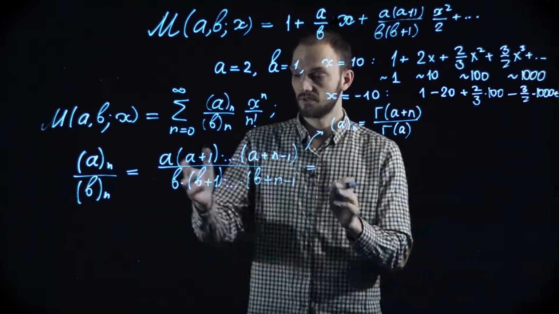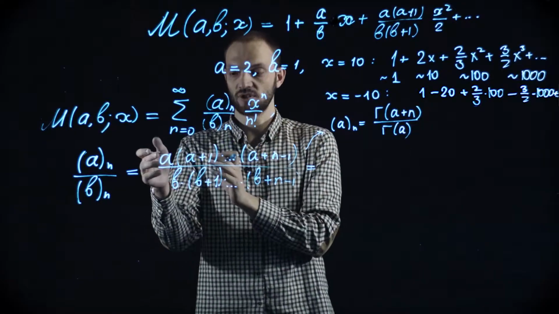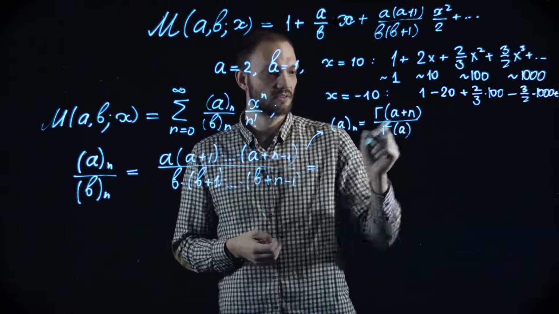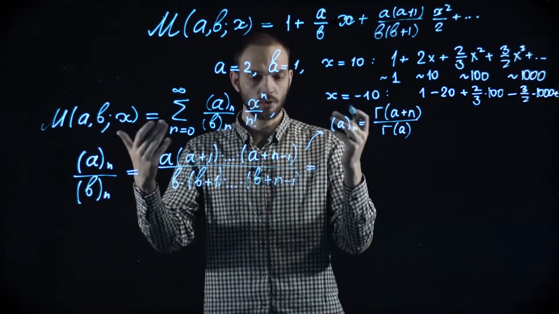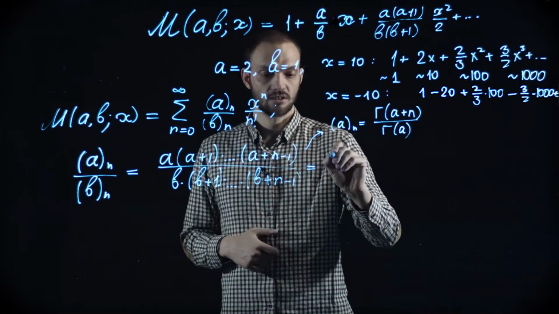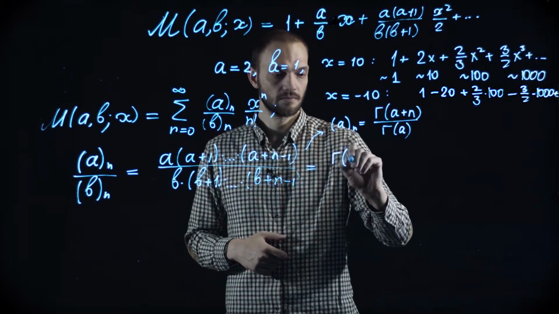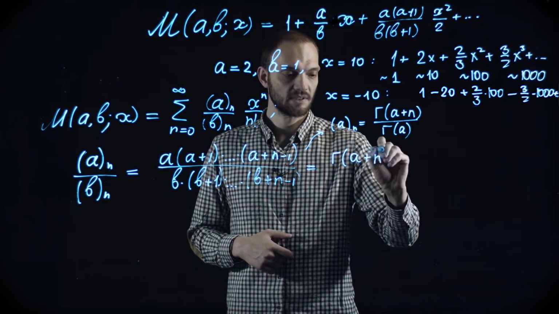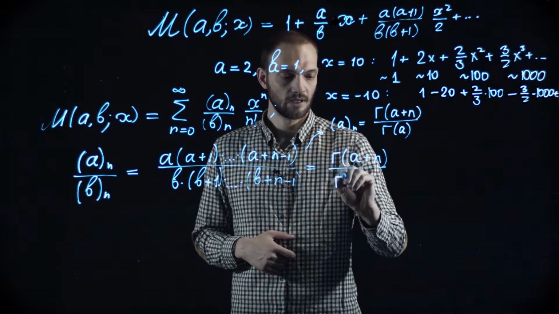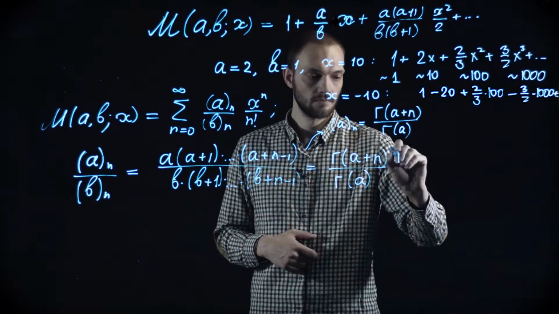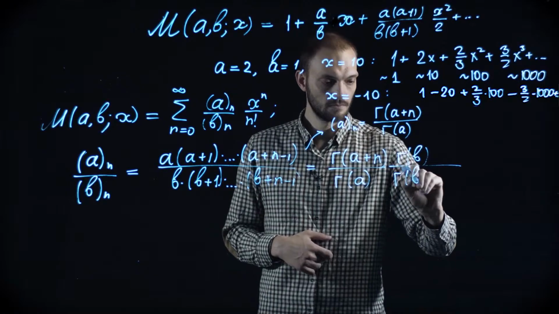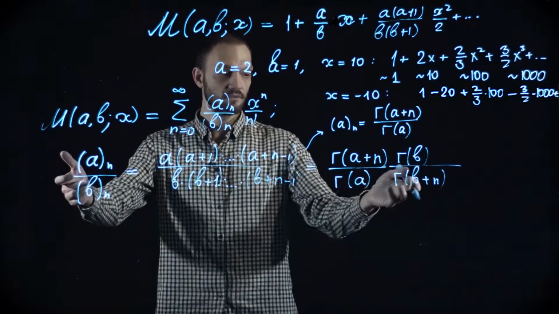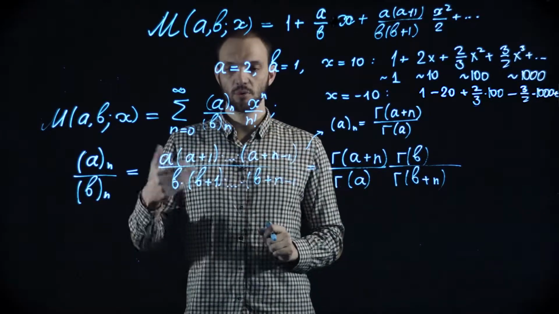And indeed, all the terms which are smaller than a in magnitude cancel in this fraction, and all that remains is exactly this product. So in this way, we proceed with the following identity. Finally, this is the first identity which we are going to use.